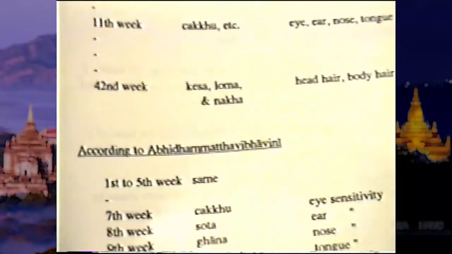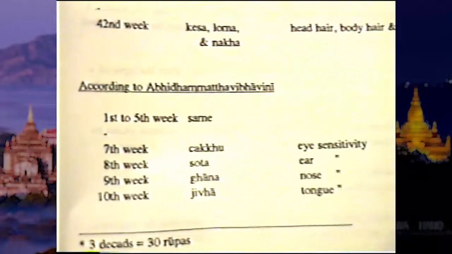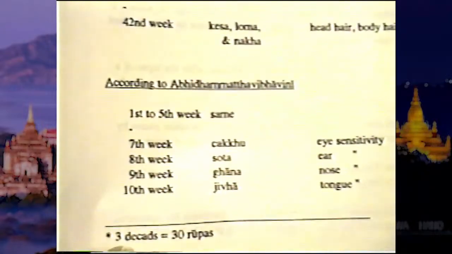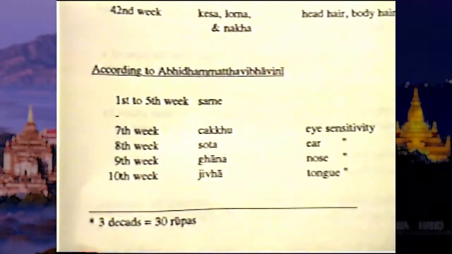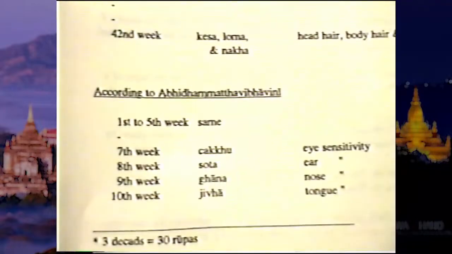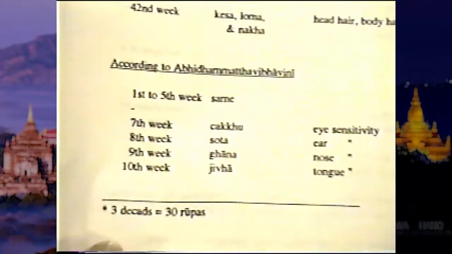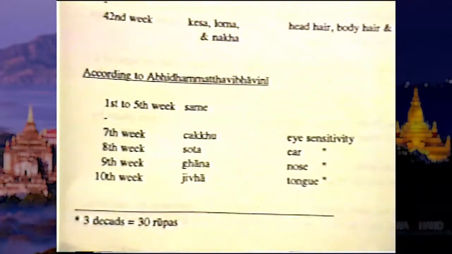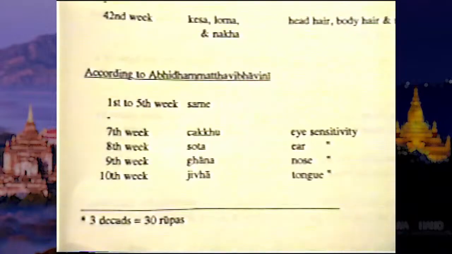But he says, at the 7th week, eye decad arises, and during the 8th week, ear sensitivity arises, and 9th week, nose sensitivity arises, and 10th week, tongue sensitivity arises. So there is a difference between the Venerable Buddhaghosa and the author of Abhidhammattha-vibhavani.